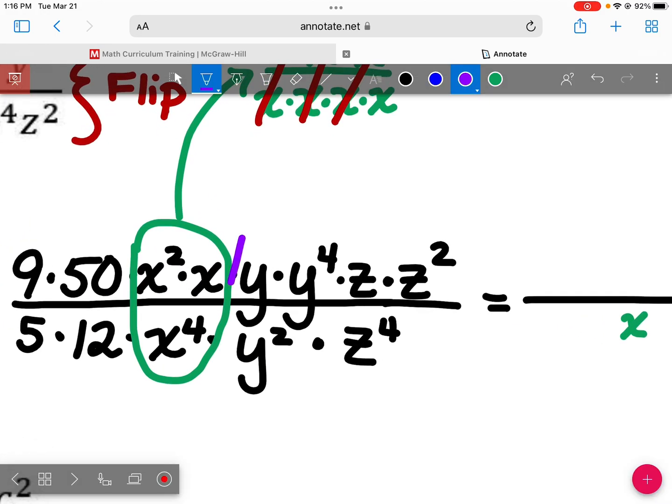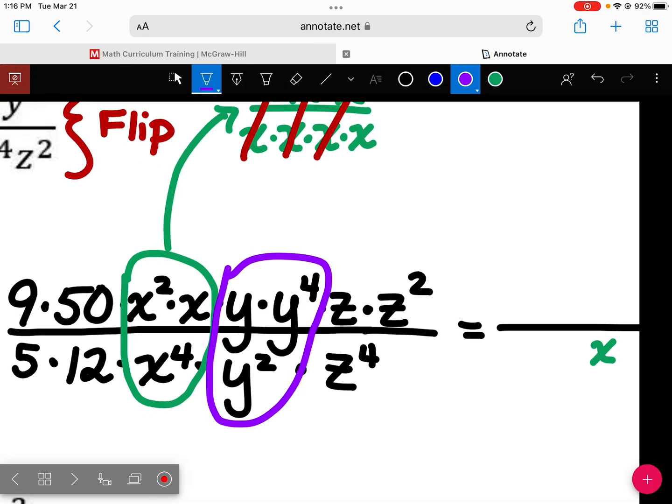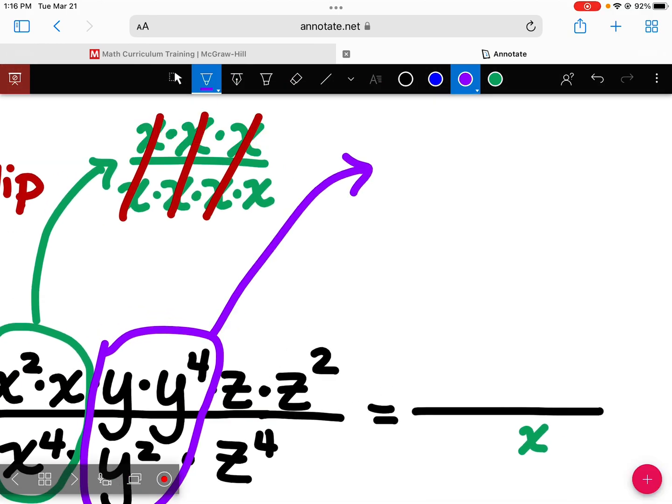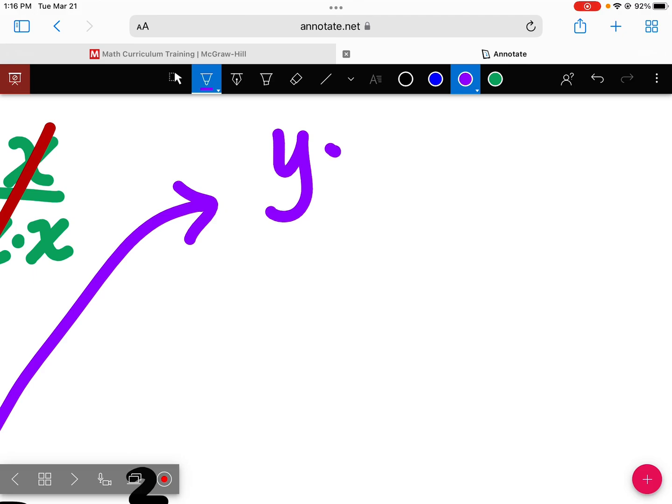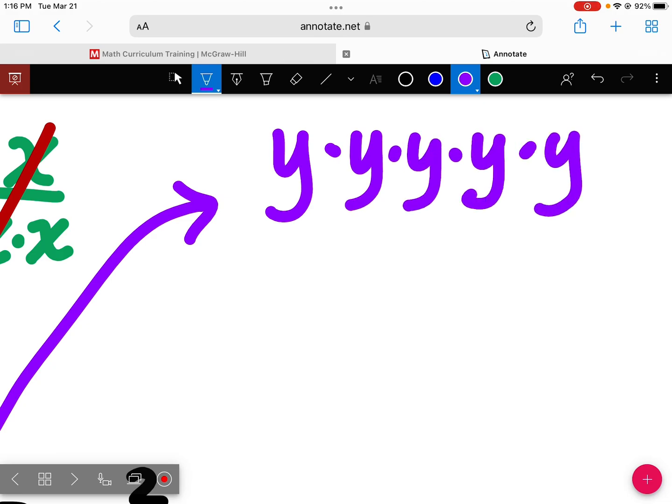All right, try the same thing with the y's here. I'm going to bring my thoughts up here. I have y times y to the 4th. What does y to the 4th mean? Y times y times y times y. So altogether I have 5 of them up on top because they're being multiplied. Down on the bottom I have y to the power of, what'd you say?